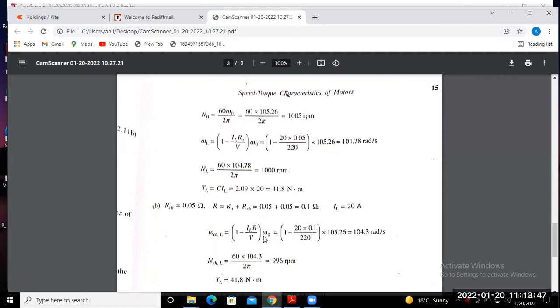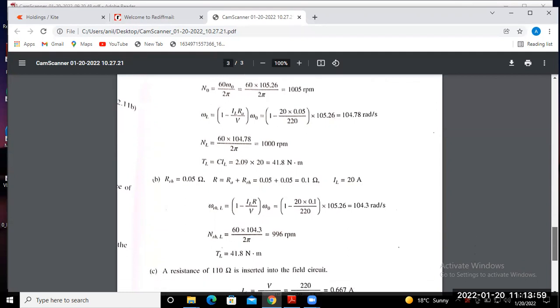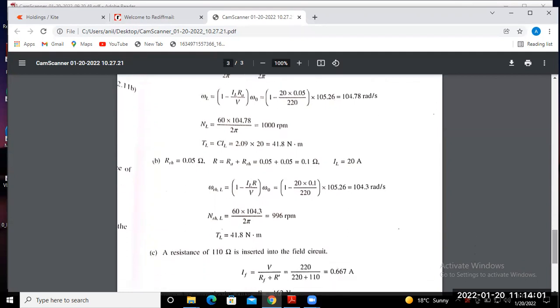That means RA plus RH. So RA is given to you 0.05 and RH is given here in part C. That means 110 ohm. Okay, so you just find out the value of IF. Sorry, 110 ohm resistance is connected in series with the field winding.